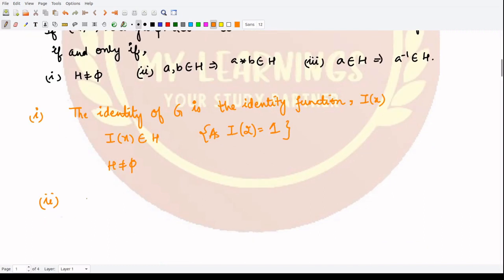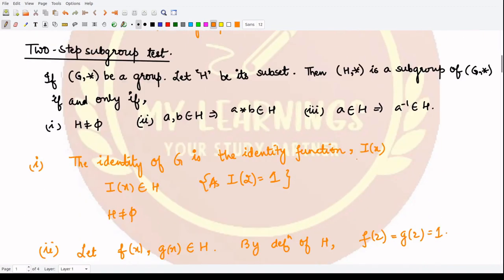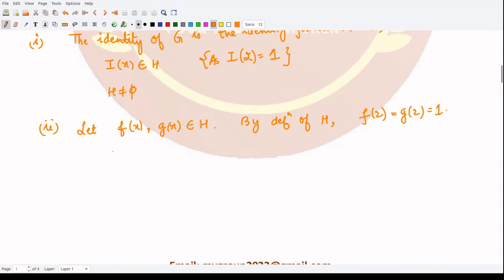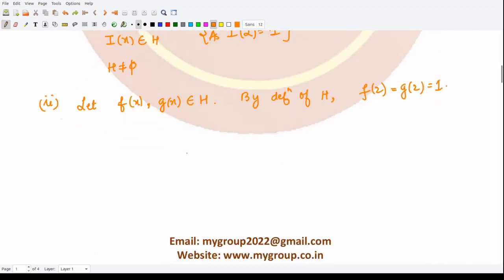For the second condition, we consider two functions f of x and g of x in H. By the definition of H, it means that both f of 2 and g of 2 are equal to 1. We wanted to check whether f star g is also present in H. So let's have a look.